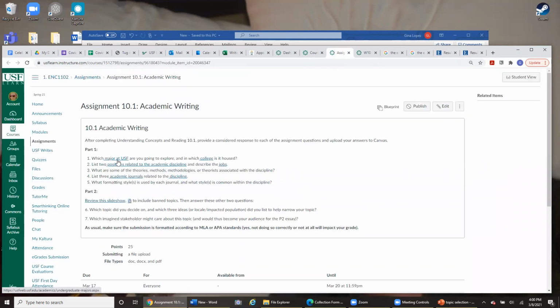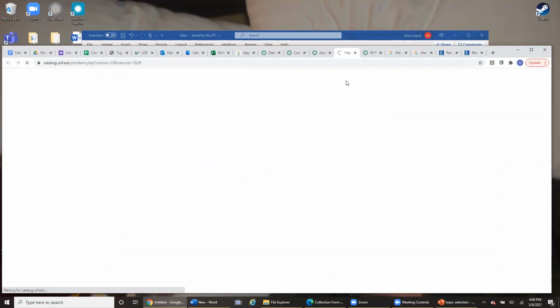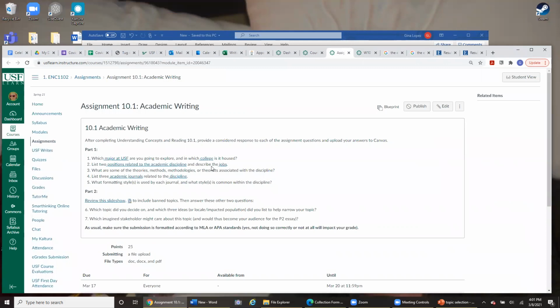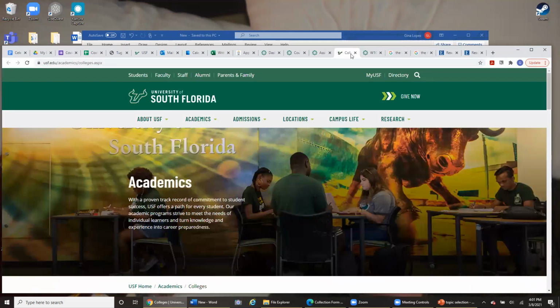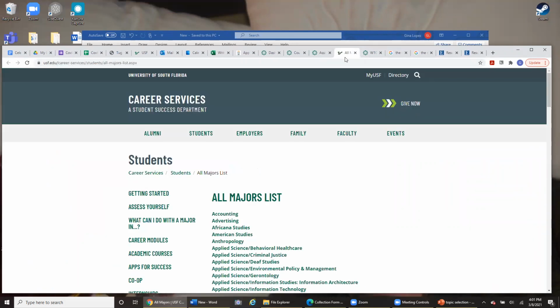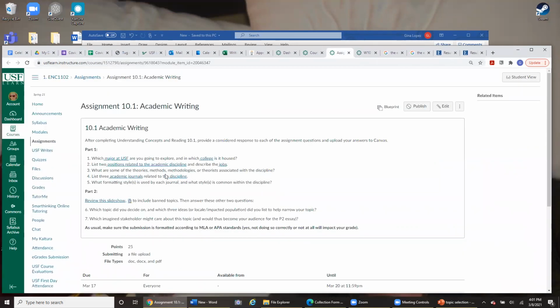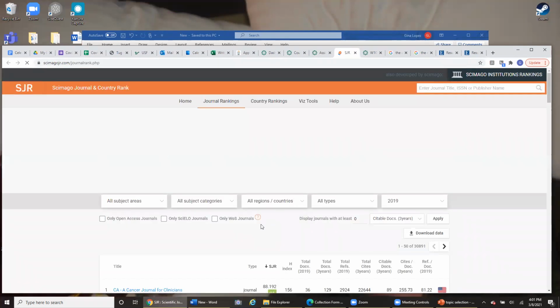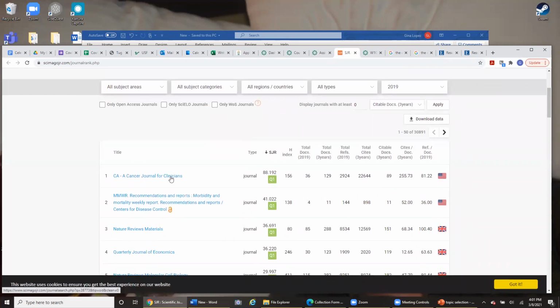There's links incorporated here for a reason, so that you can look up your major, you can look up what college it's housed in, so you can answer these particular questions, and so that you can find academic journals related to your discipline and click on them.